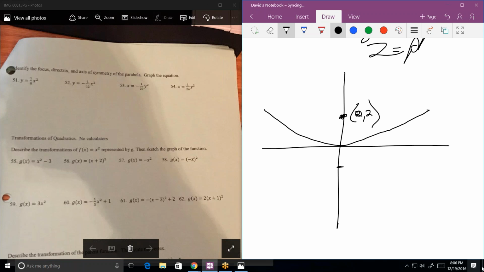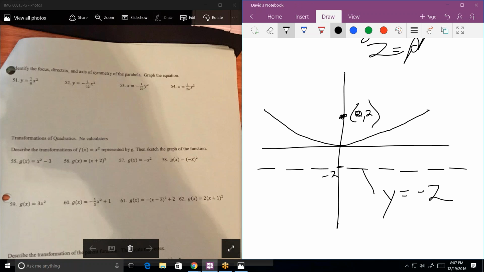The only difference is the directrix is a straight line. The focus is 0, 2, a point, but the directrix is a line, so you need the equation of that line. You're correct in that it occurs at -2. What's the equation of a horizontal line that goes through the point -2 on the y-axis? y equals -2.